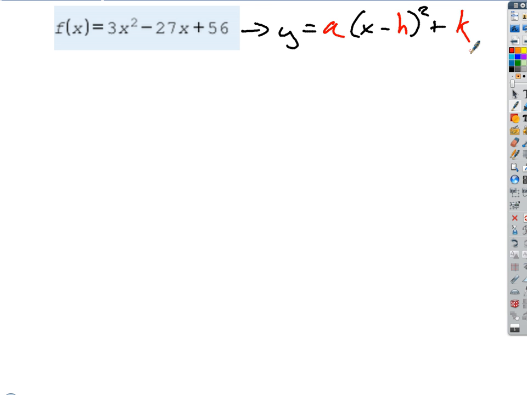That essentially just means completing the square, doesn't it? We've got to turn this into a form where we've got a perfect square, right? So that's what this translates to for us in terms of an algebra strategy, complete the square.